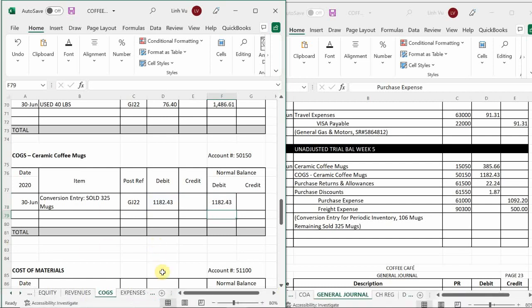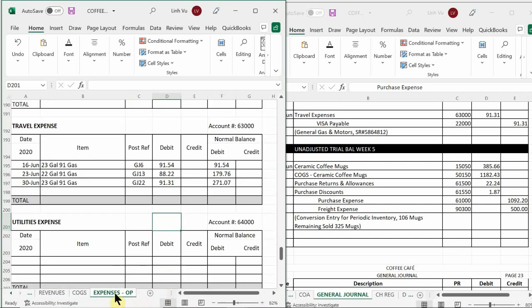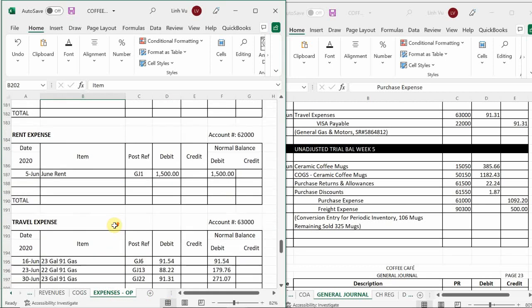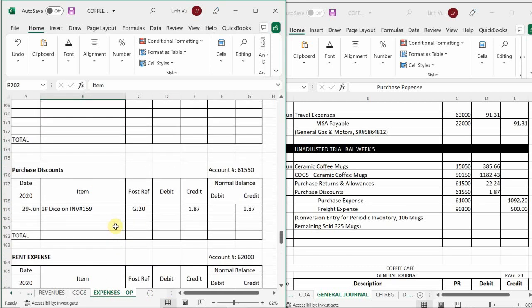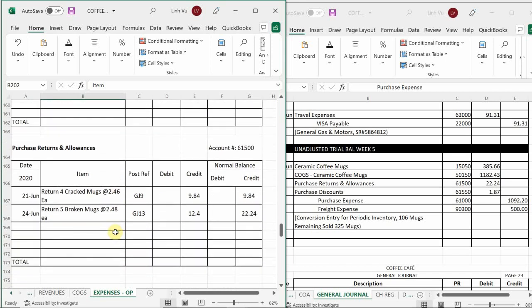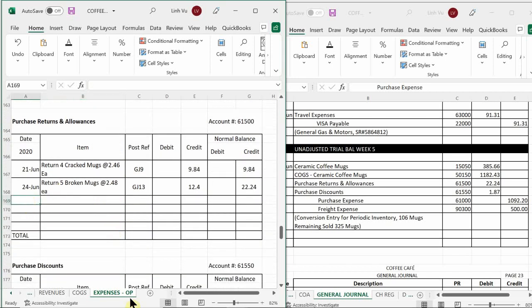And then let's see. Now we need to go to our purchase expense accounts. So here we've got to go to our operating expenses, and here we've got our purchase returns and allowances. We're going to make a note here: conversion entry. This is general journal page 22, and we debited our account for $22.24.